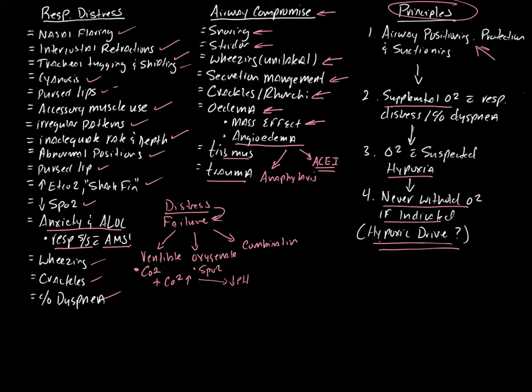So what's their pH? It's normal. It's in the normal range, right? That kind of blows that whole hypoxic drive thing out of the water, doesn't it? If you think about it. If that's the rationale we're going to use for the hypoxic drive. But when we look at somebody with chronic lung disease, their pH is often normal, right? And remember we said if their pH is abnormal, that indicates an acute problem, doesn't it?